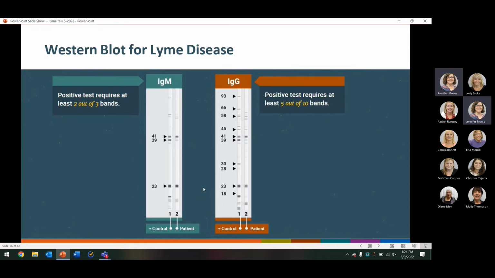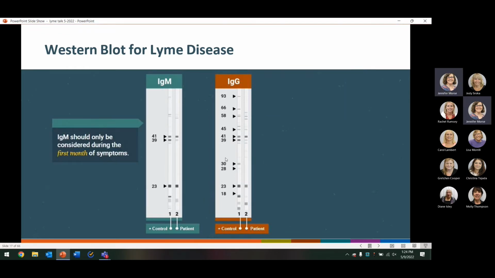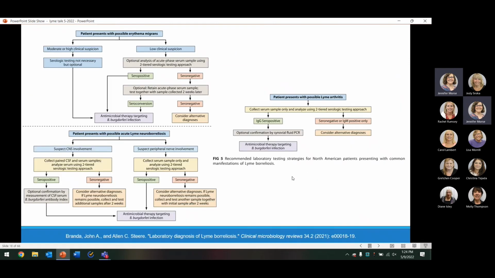So that's how those bands work, is that there's specific ones that you need to match up with. The IgM, again, you should really only be considering as part of the diagnosis if it's within the first month of symptoms.